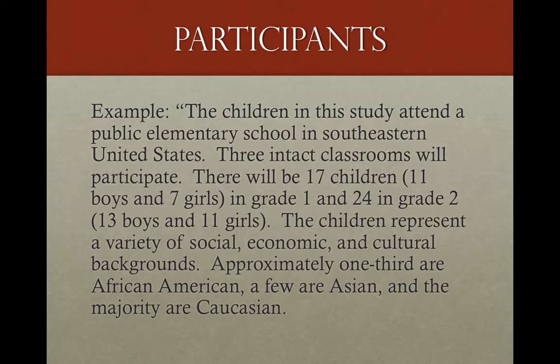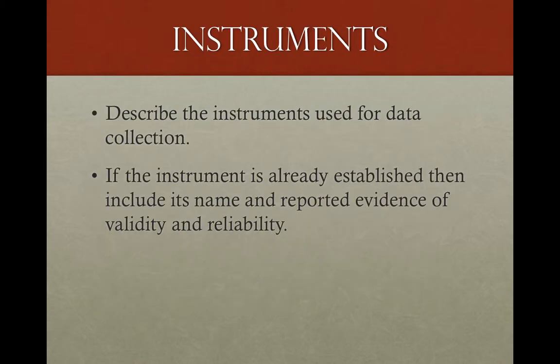Okay, pretend they're using 2 classrooms, grade 1 and grade 2. The children represent a variety of socioeconomic and cultural backgrounds, and a brief statement on the race of the participants. So something like that. You guys talk about the instruments.